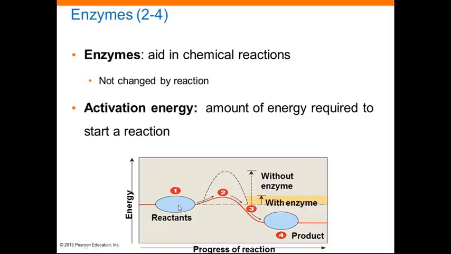And in order for them to generate product down here, they would have to overcome this big hump of activation energy. But if you have an enzyme, they only require this much energy in order for the reaction to proceed. And then eventually the product has less energy than the reactant. So in this type of a reaction, you would be releasing energy, possibly in the form of heat.